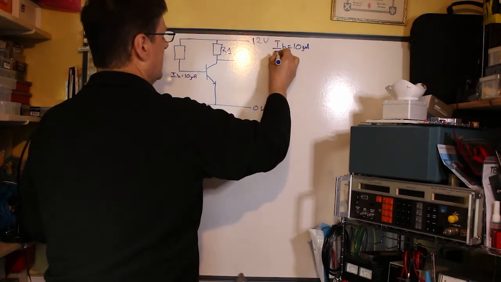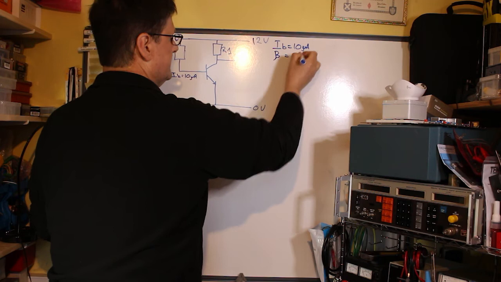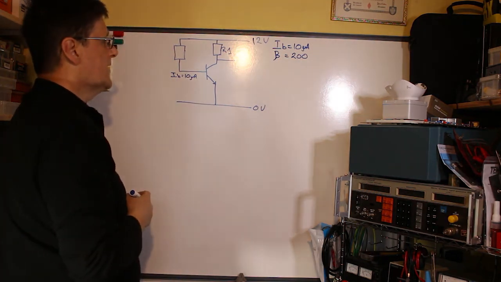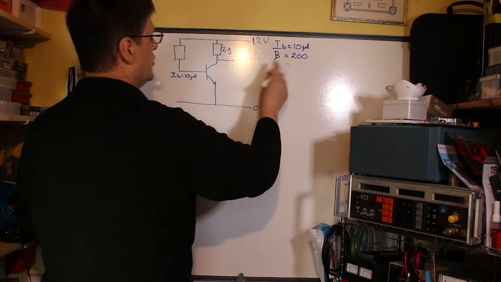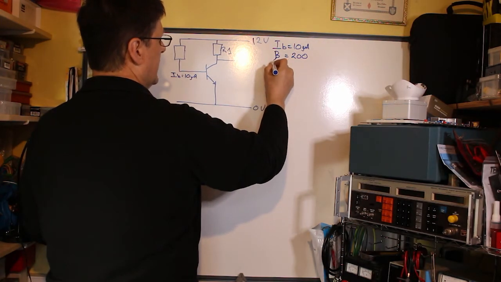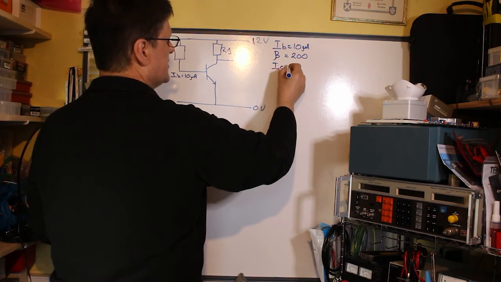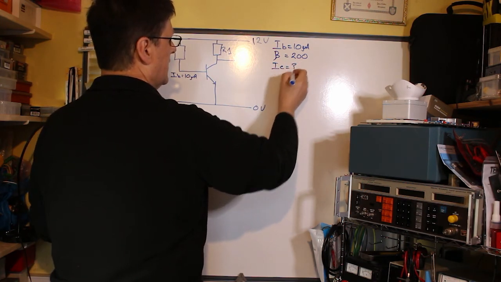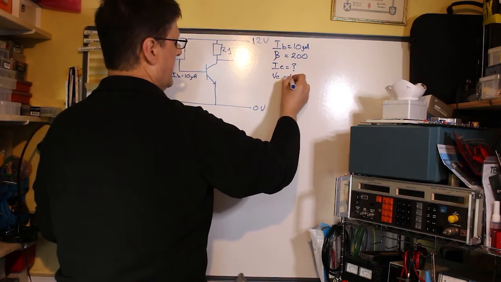So the beta equals 200. They've also told us that they want 6 volts here, so we're just going to write that out here. What we don't know is the IC, which is the current at the collector. But we do know the voltage at the collector they want is 6 volts.